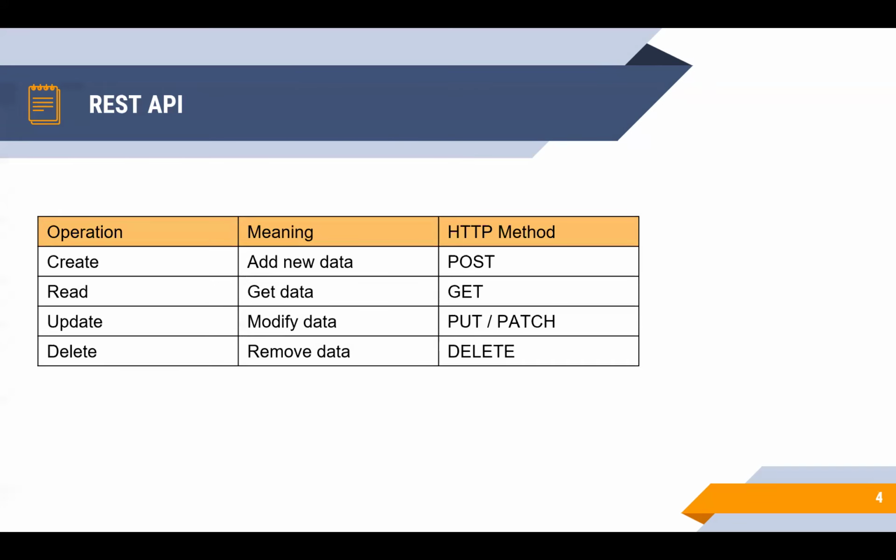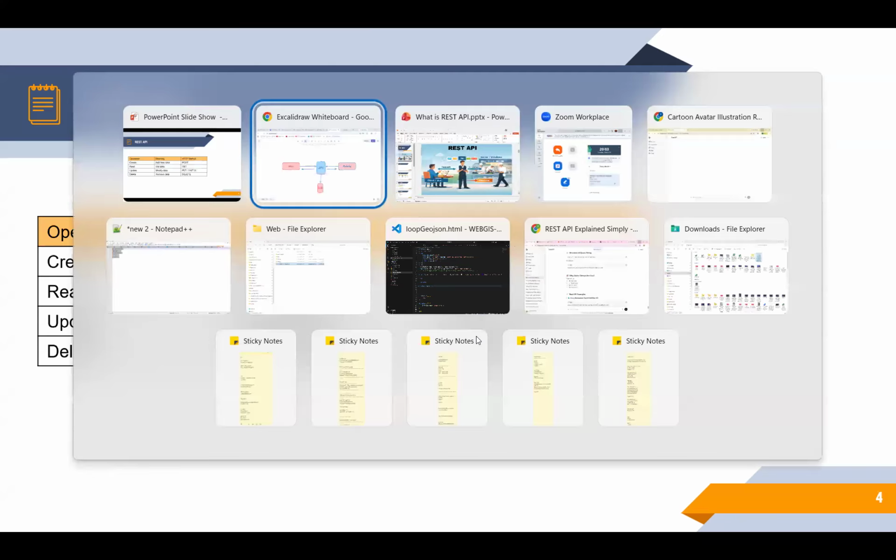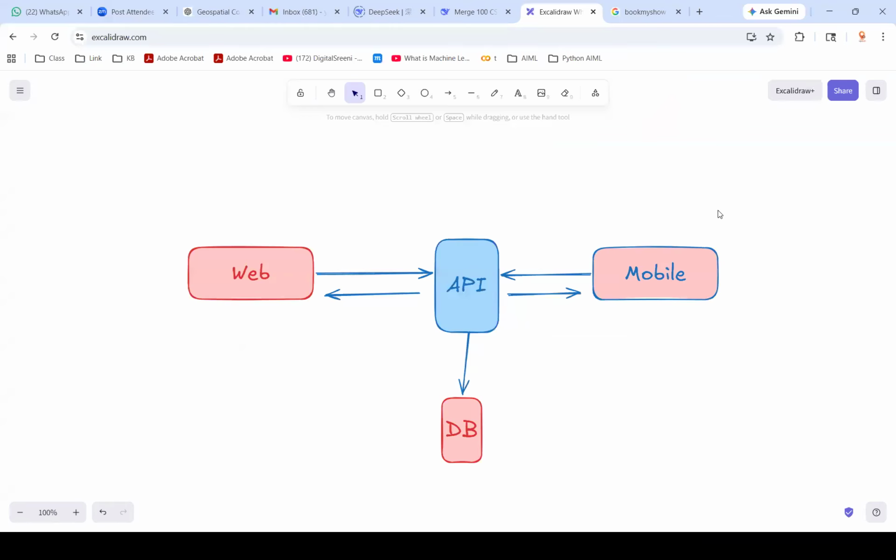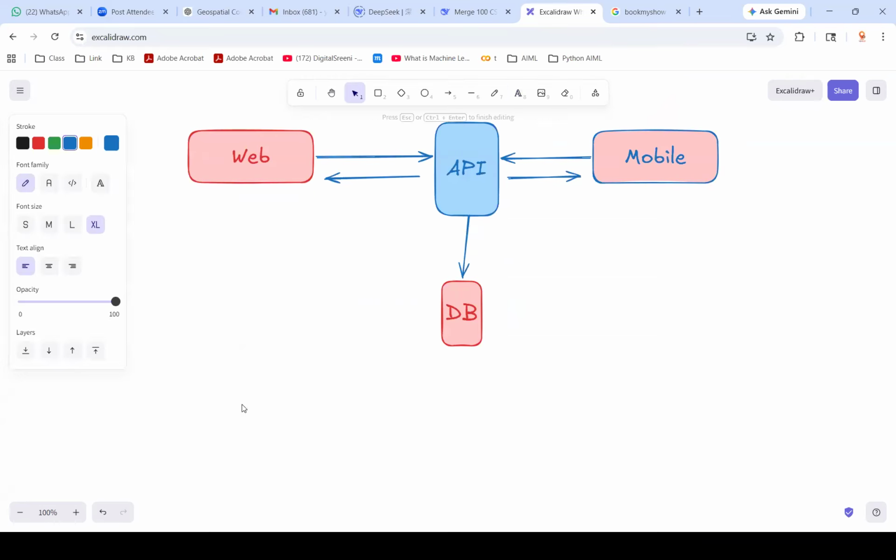Why do we basically require the REST API? Based on this example and discussion, you understood that sometimes we want to create data, sometimes we want to modify data, sometimes we want to delete data, and sometimes we want to just read data.